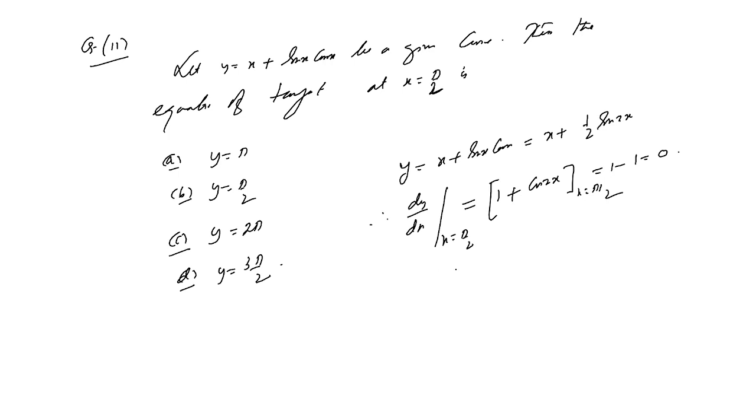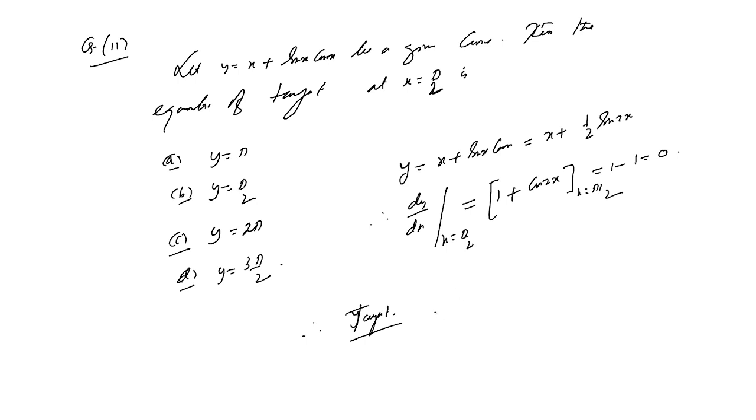The slope at x equals pi by 2 is 0. So the equation of the tangent at x equals pi by 2 will be y minus y1 equals dy/dx into (x minus x1).